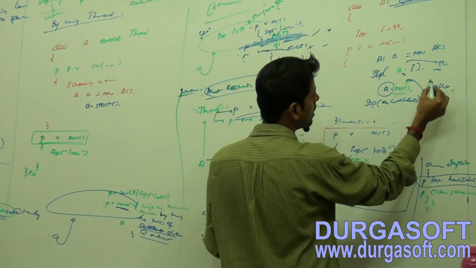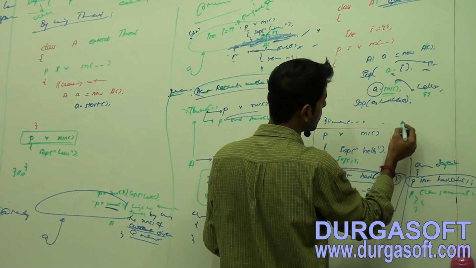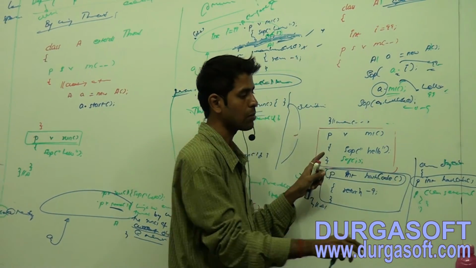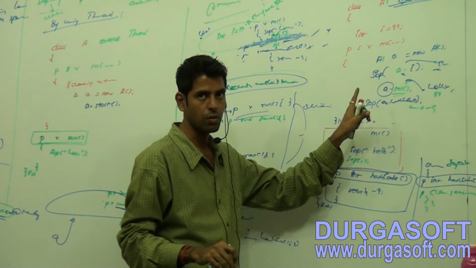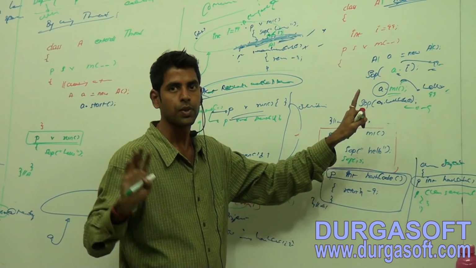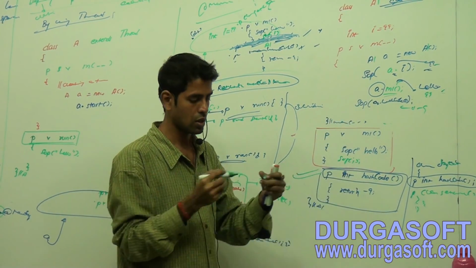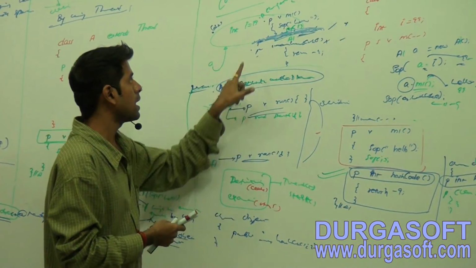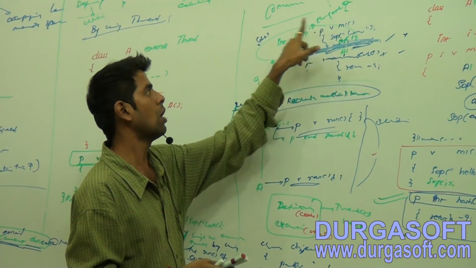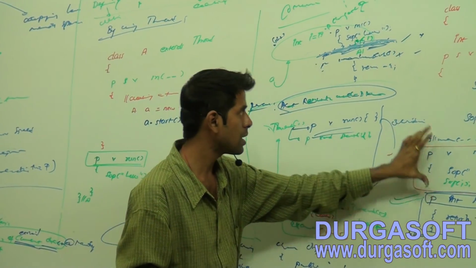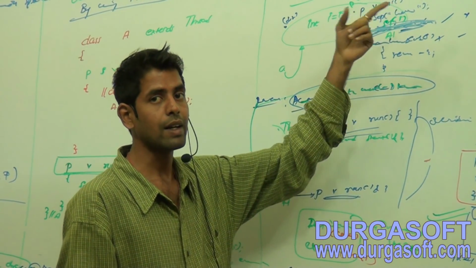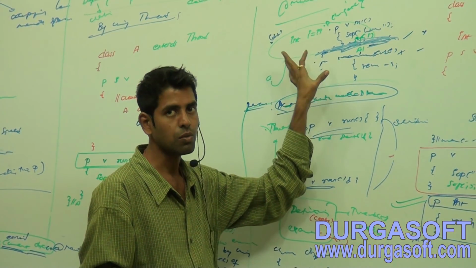So if I put SOP of i here and execute, double line, hello, double line, and -9 will be the output, friends. Even if you want, you can execute it, no issues. Where i is available within the object, the m1 method is available at runtime, also within the object.